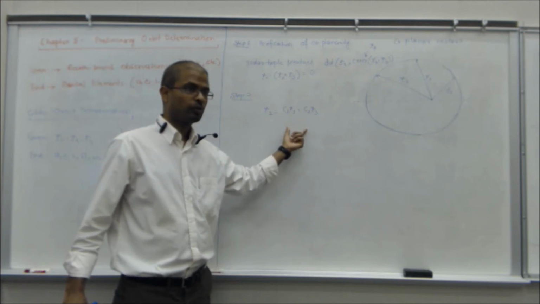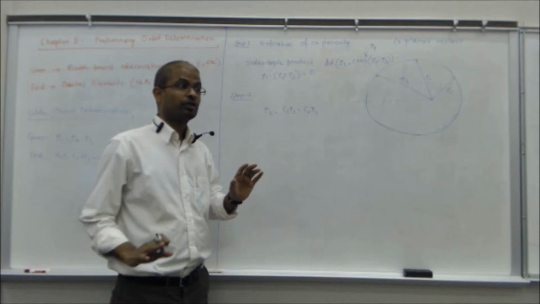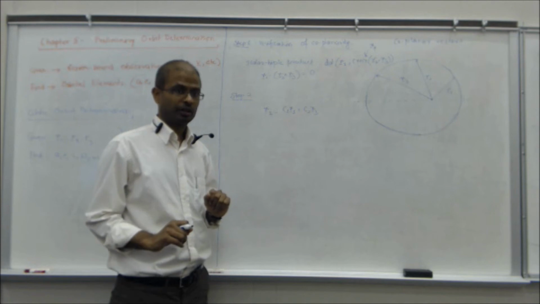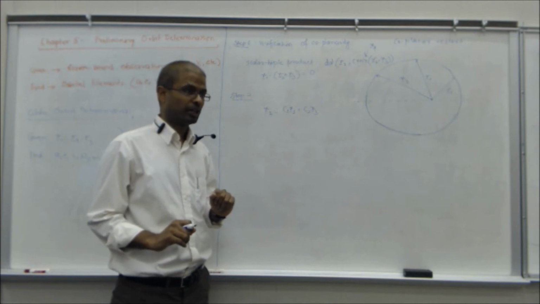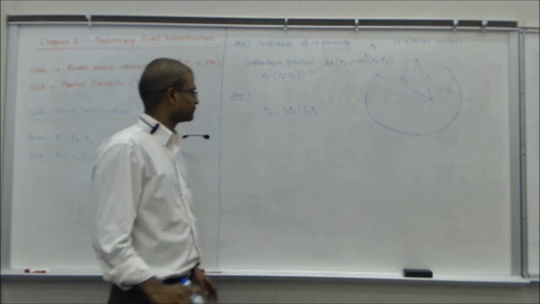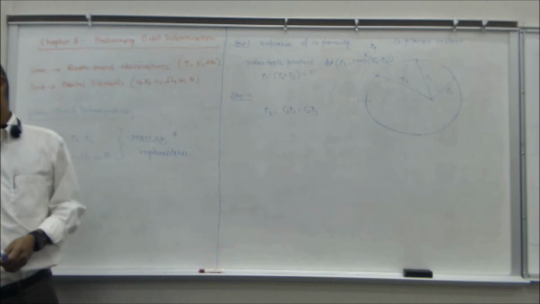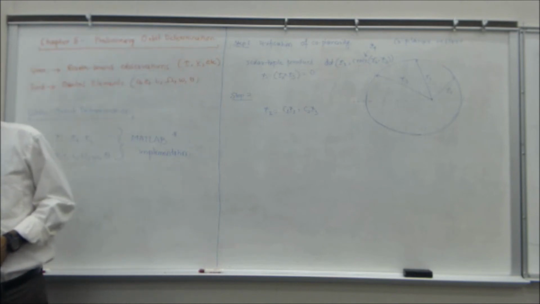If they are not coplanar, then your triangle becomes a 3D triangle. It's not a 2D triangle. It's 3D geometry, so that time the rules are different. Okay. So step 3 is you do this and you calculate C1 and C2. All right.